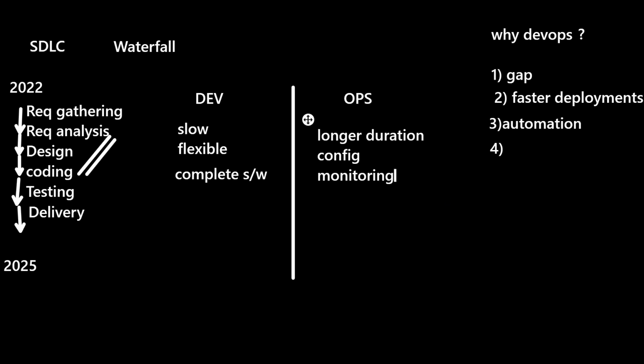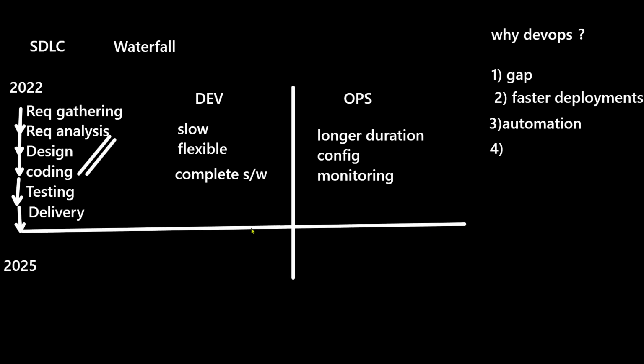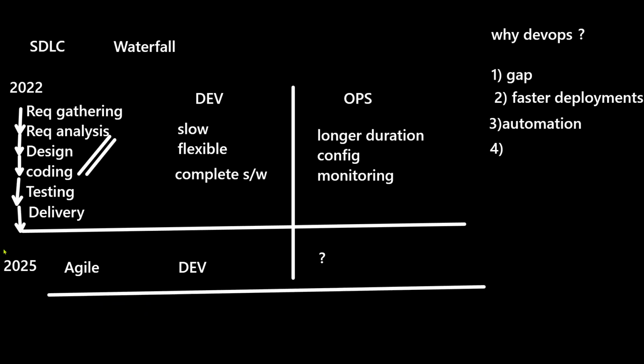Again, to overcome these challenges, the agile methodology came into the picture. See here, my intention is not to teach you agile or waterfall, just some understanding. Agile, another methodology, came in. Yes, it can overcome the challenges of the dev team, but the challenges of the ops team were still there. Right? It could not overcome the challenges of ops teams. So there comes another methodology called DevOps.